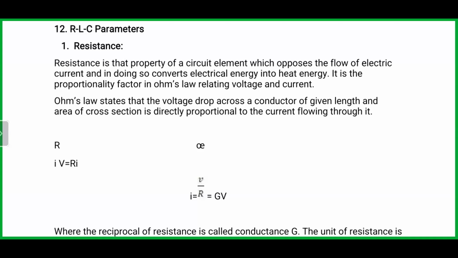Where will the current pass? It will pass through the cabling. If you have more knots, it means that a knot is a combination of two same wires. A knot is a combination of two same wires.